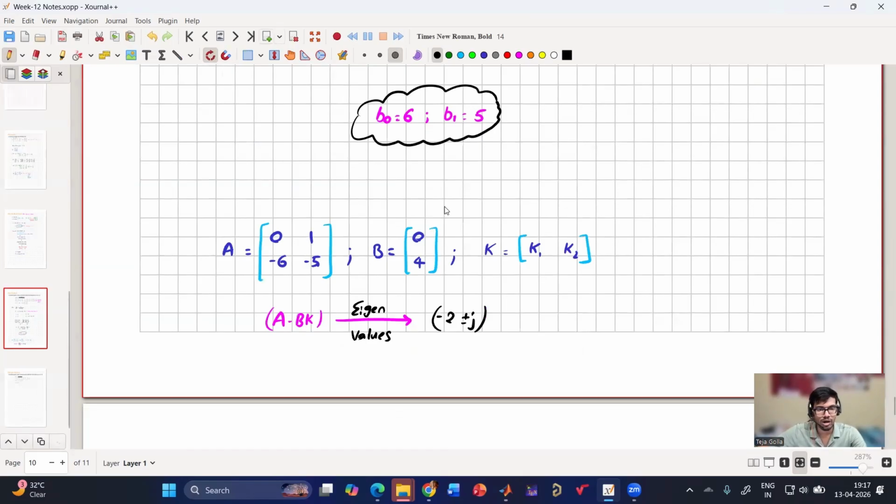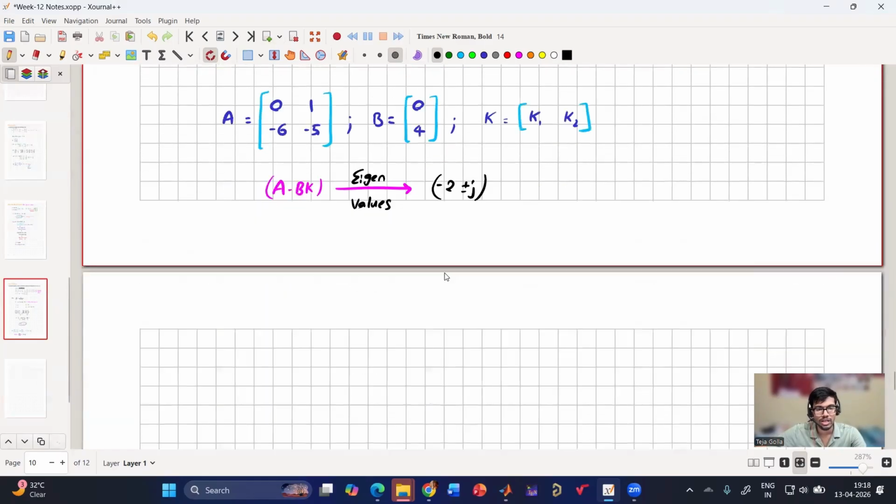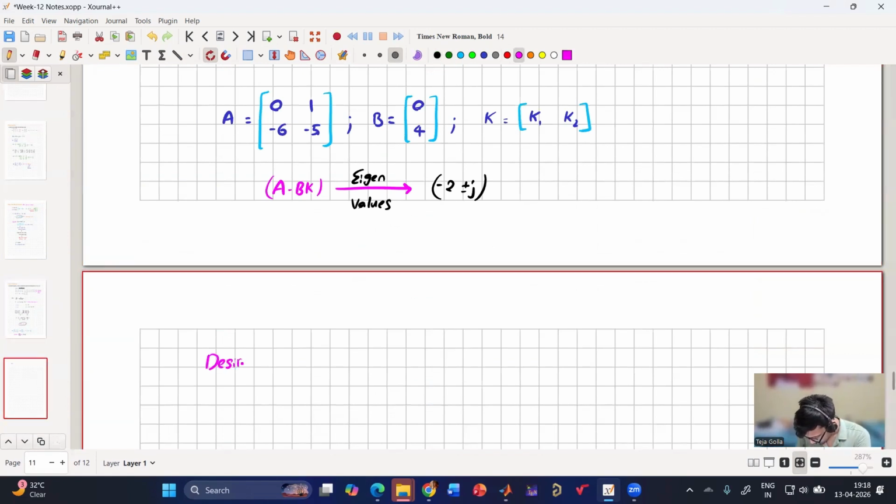But instead of doing that, again, I have written the MATLAB code. So we'll use the MATLAB code to get the desired polynomial. So the desired closed loop poles are minus 2 plus j, comma, minus 2 minus j.